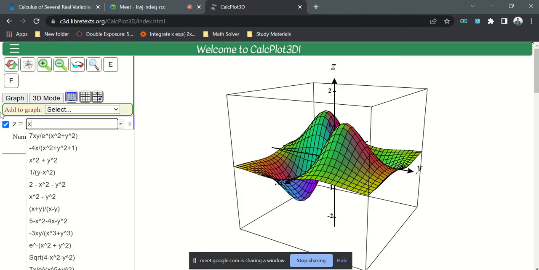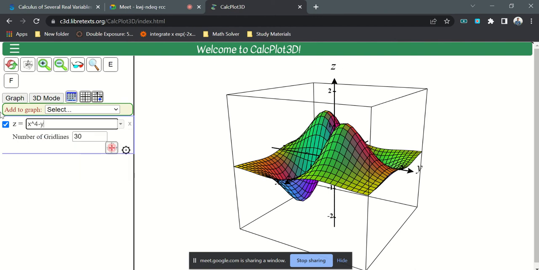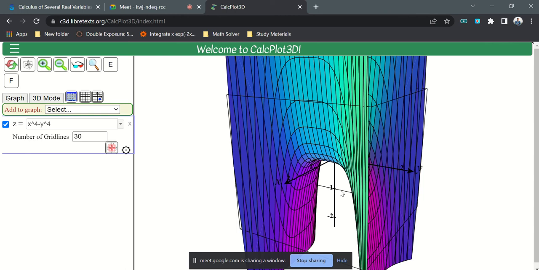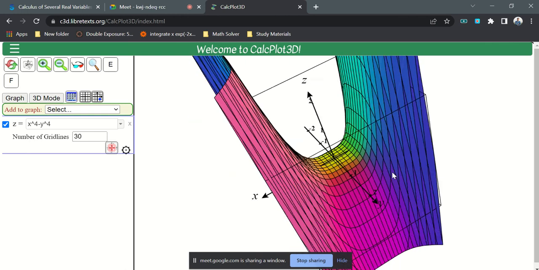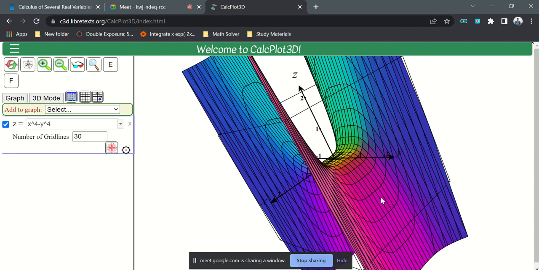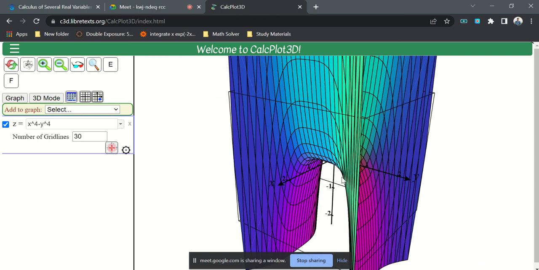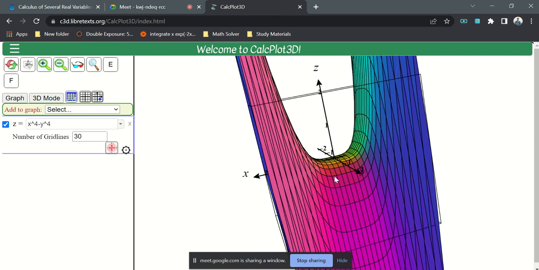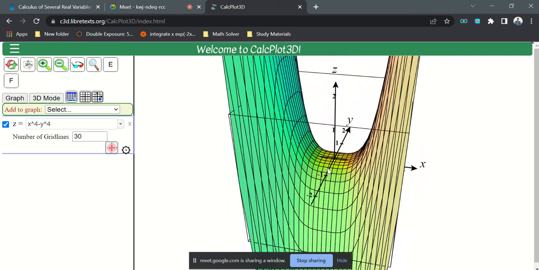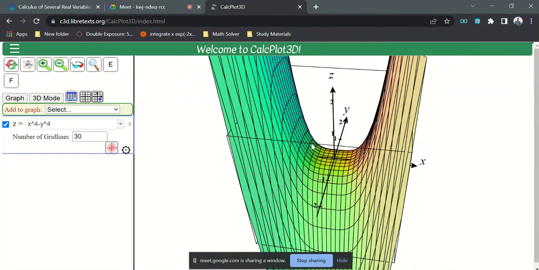If you plot x to the power 4 minus y to the power 4, it will look like this. So you can see the plot, right? So this is how it will look like.